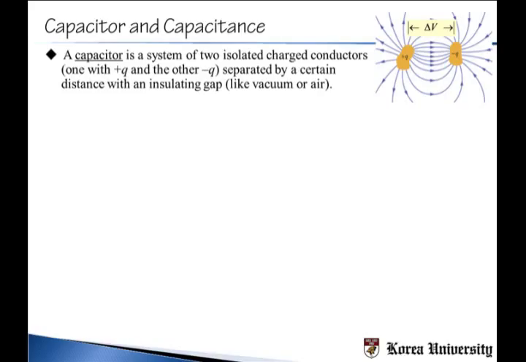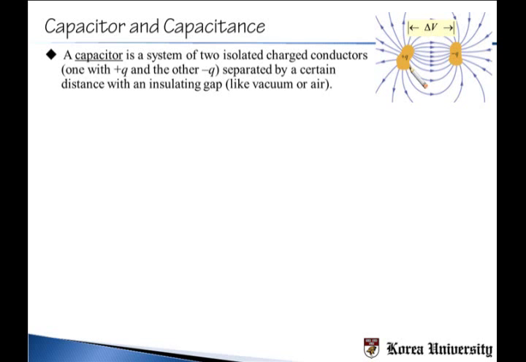A capacitor is formally defined as a system of two isolated charged conductors, plus Q and minus Q, separated by a certain distance with an insulating gap, which means that charges cannot move across from one place to the other. Take a look at the figure on the right side.